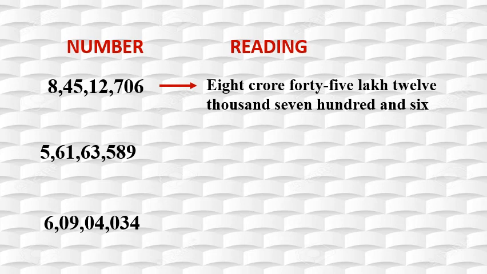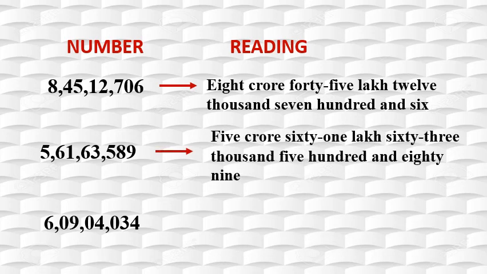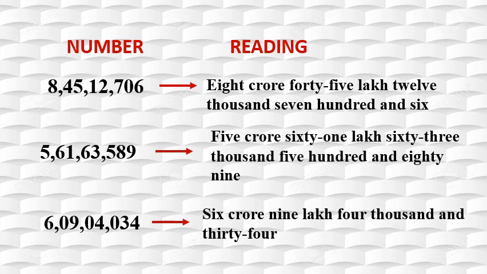See the commas and make the groups. That is 5 crore, correct? 61 lakhs 63,589. The last one is 6 crores 9 lakhs 4,034. Isn't it? Because 0 zeros are there. Got this, children?